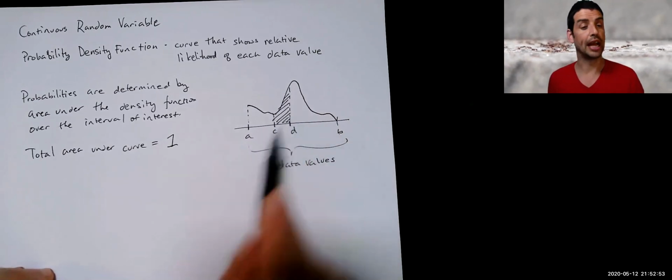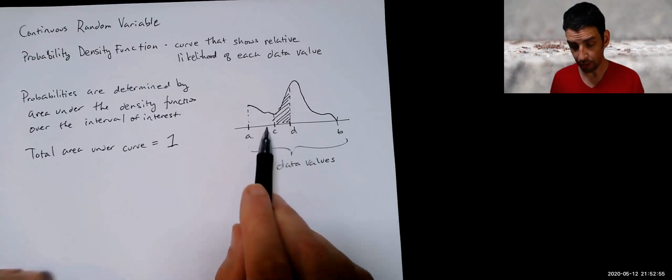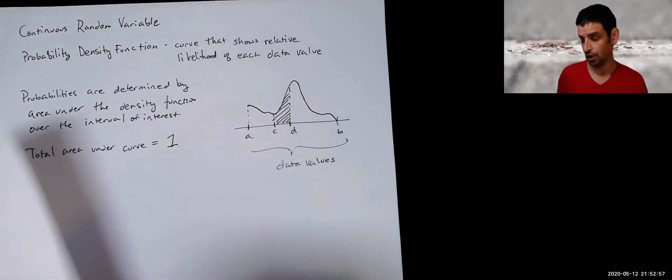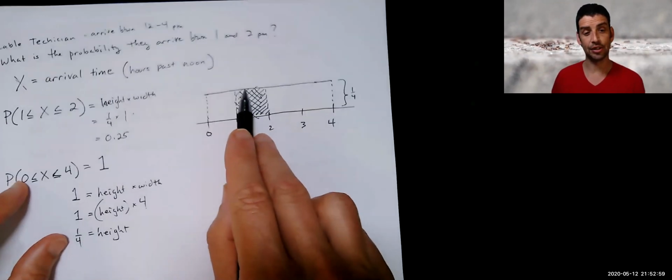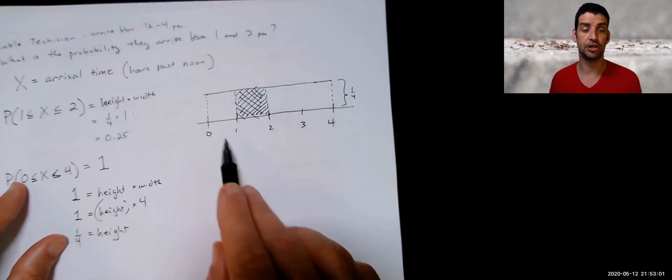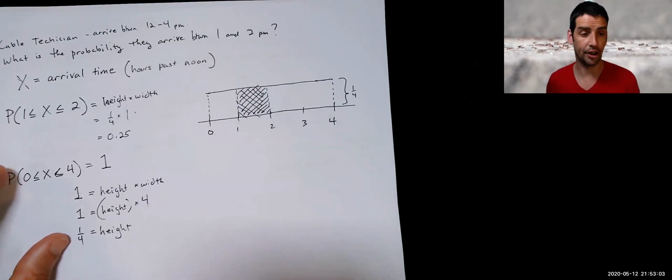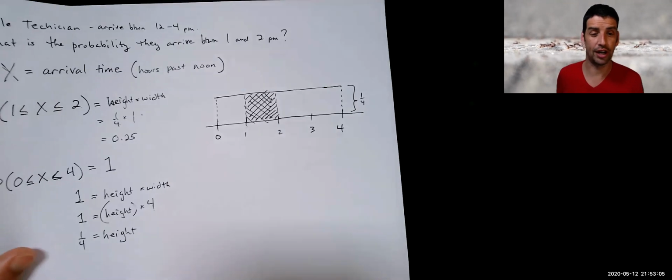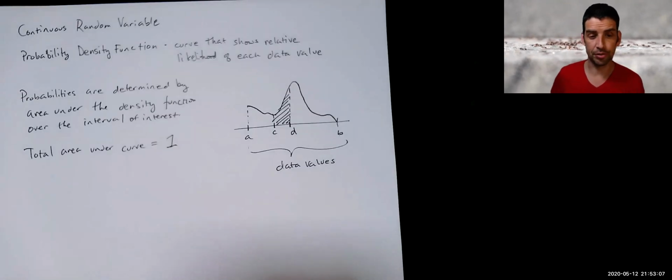You might be wondering how we find these areas. Well, for the most part, we find areas with geometry, like we did here, where there's some very simple geometry we can use. Here we had the area of a rectangle. We might have things like triangles or trapezoids, things that are pretty straightforward.